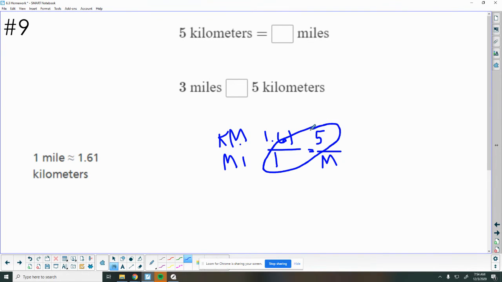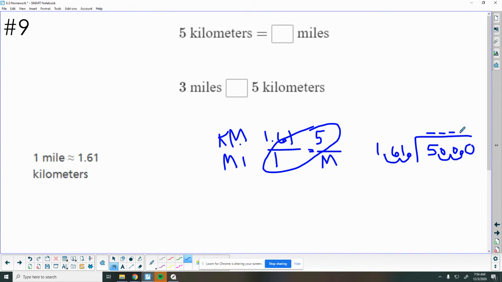So I'm going to do 5 times 1 is 5, and then I'm dividing by 1.61. So I need to move my decimal 2 places, which means I'm moving it 2 places here. You need to add a 0 after the decimal, do that.